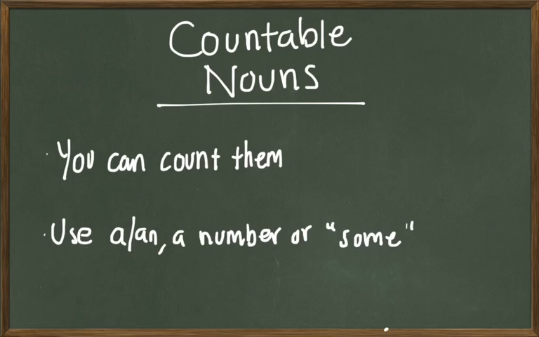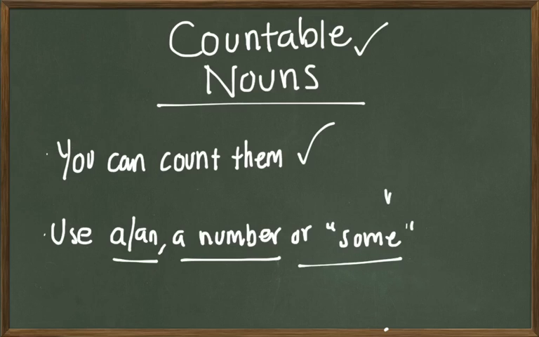Let's continue with our next item, which is countable nouns. Two important things to mention. The first, of course, and obvious too, is that you can count them in units. And also, if you want to use them, you will need the article a or an, a number, or the expression some. And you can also use the expression many.